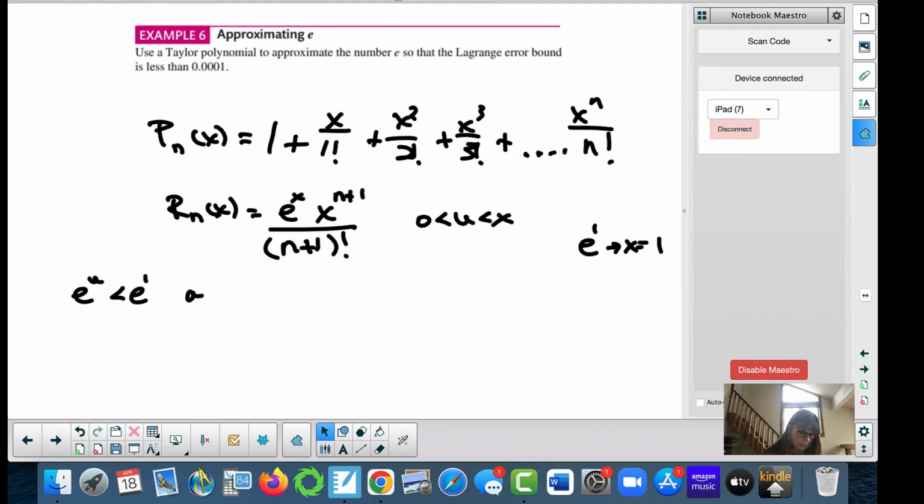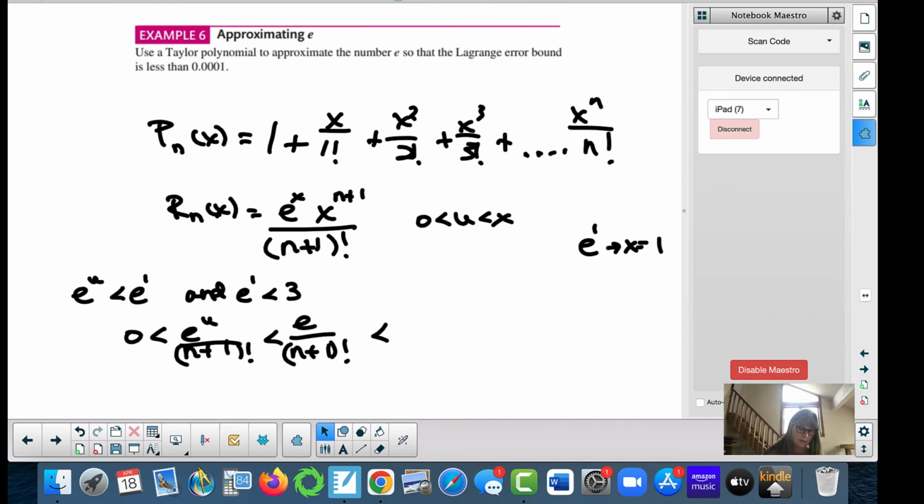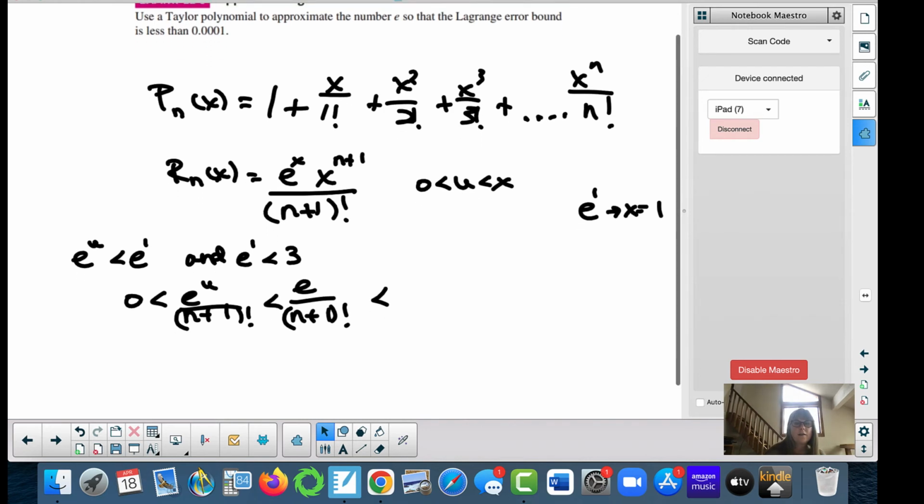And we also know that e to the 1 is less than 3. So that tells us that e to the u over n plus 1 factorial has to be between 0 and this, and so that is less than 3 over n plus 1 factorial.